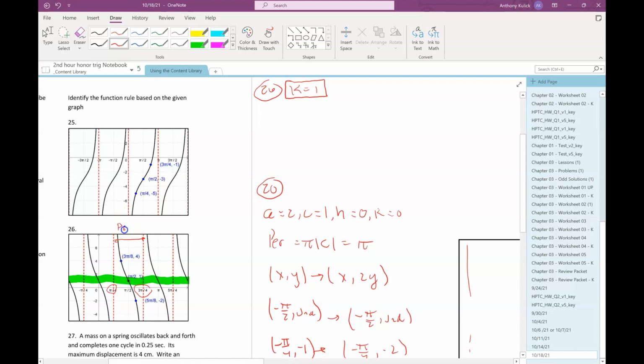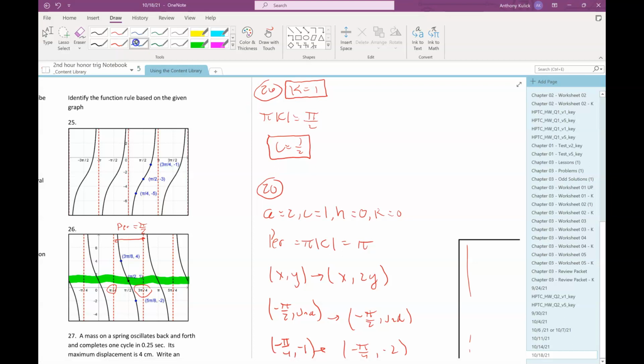So the period there is half a pi. And since I know the period is pi times the absolute value of c, I can see pretty quickly that the c is going to be 1/2. Does that feel okay?